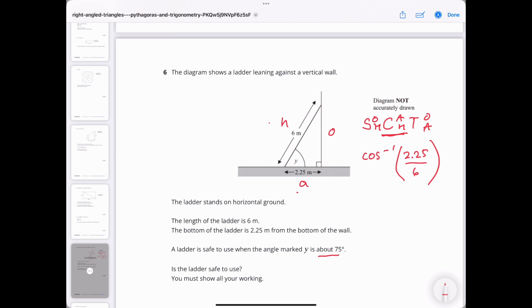It's a very weird thing to write, because surely it should say something is bigger than or smaller than, and which is better? Who knows? Anyway, so that's 2.25 over 6, which is... Ooh, that's only 67 degrees. So, oh, it's 67, it's almost 68, so we could go for 68 degrees.